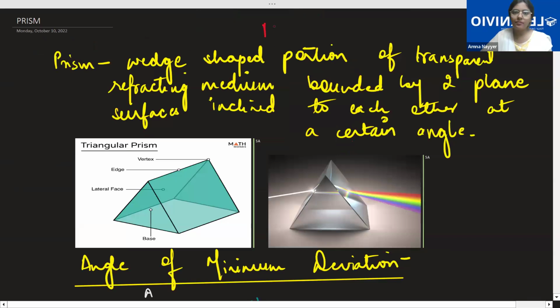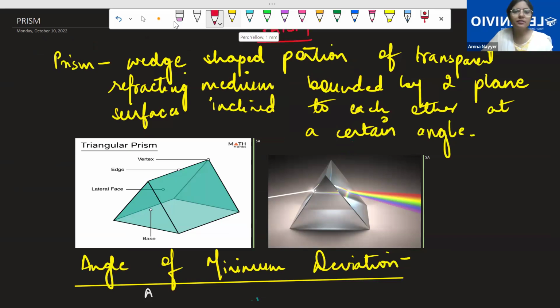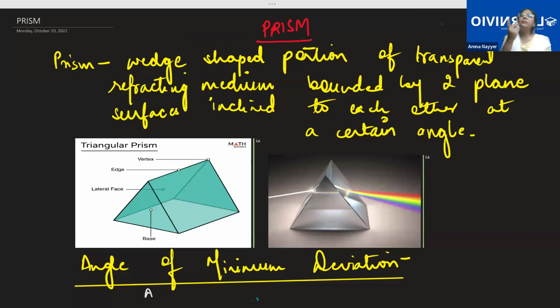See, when we have an image of a prism in our mind, a prism basically appears as if it is a triangle or a pyramid-like structure. But actually, it's not a pyramid-like structure. There are three rectangular faces: one rectangle like this, one rectangle like this, and one rectangle at the bottom.